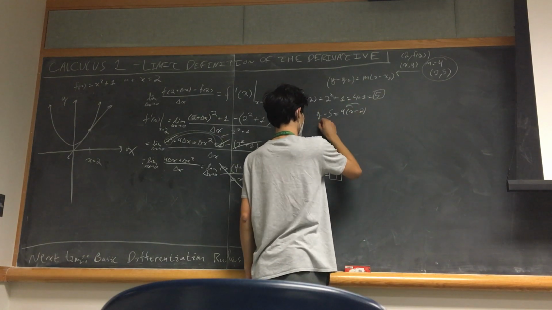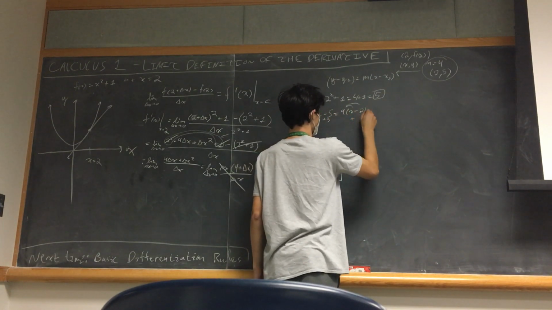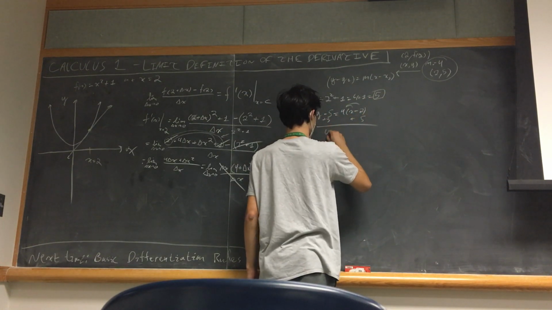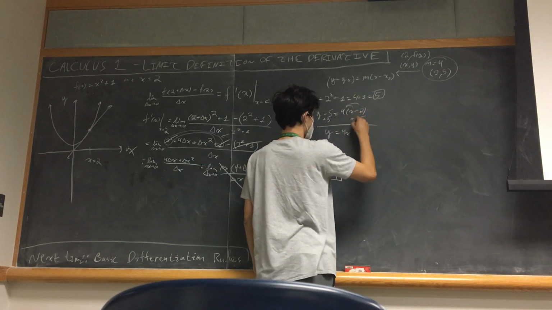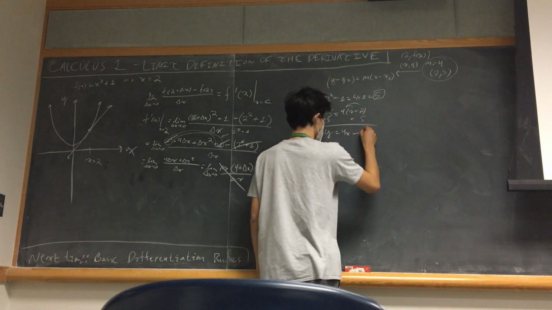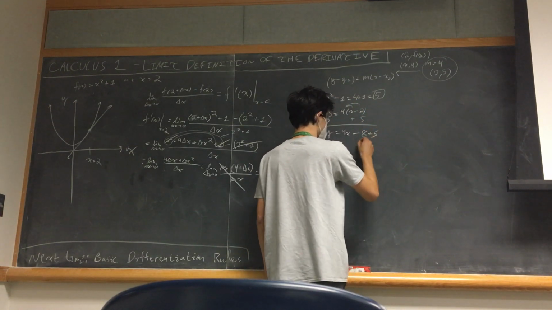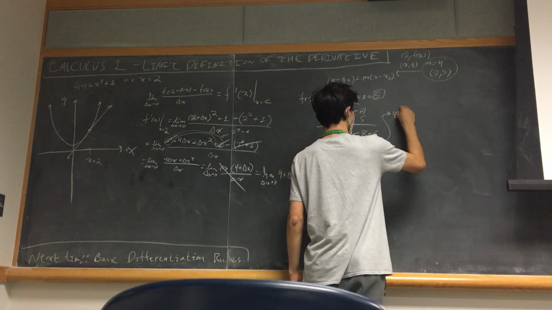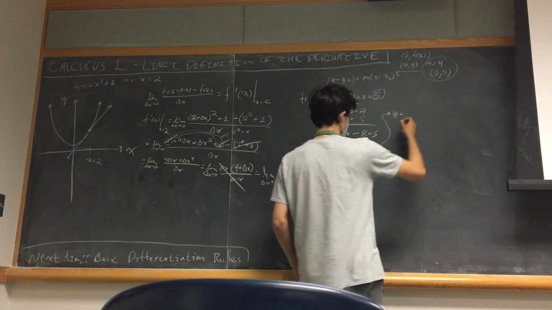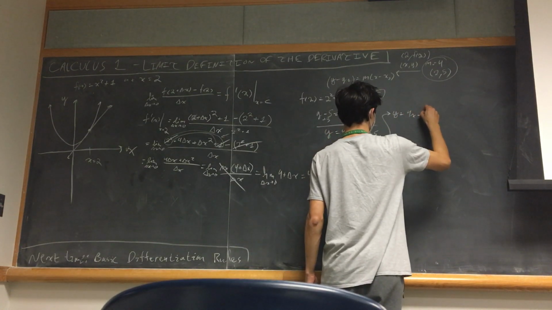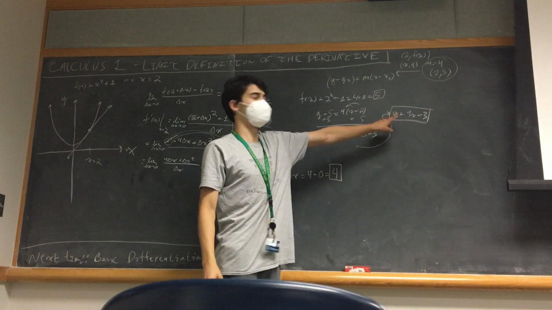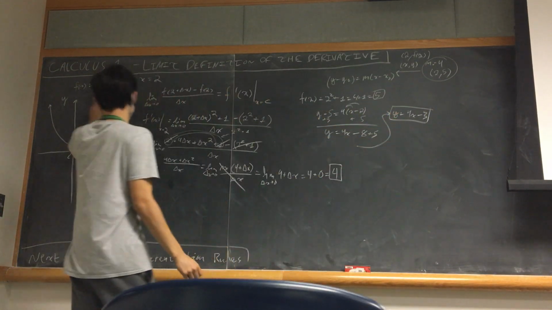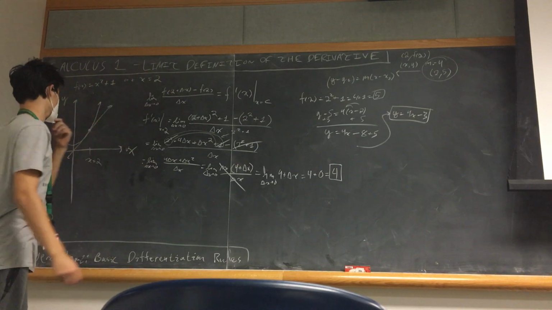We distribute the 4 out, and we add the 5 to each side. We get y is equal to 4x minus 4 times 2, which is 8, plus 5. Y is equal to 4x minus 3. And this is the equation for the line tangent to f of x at x equals 2.